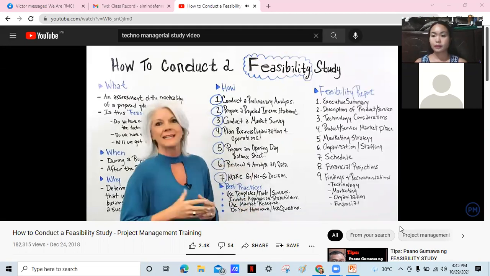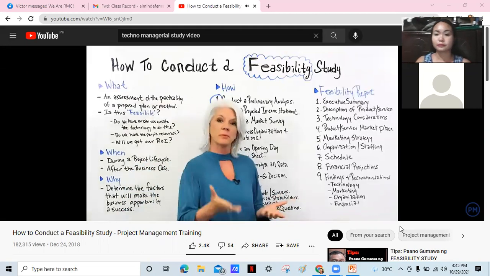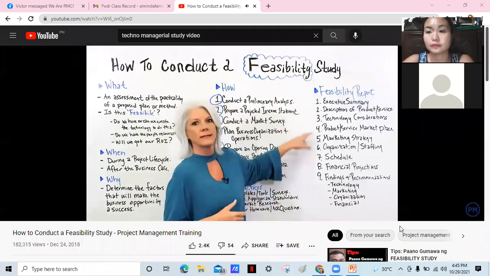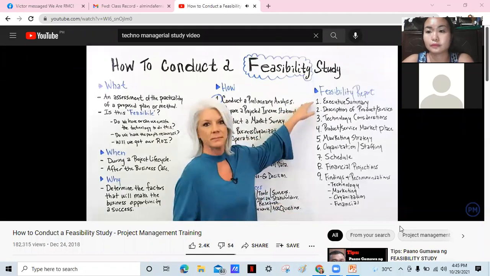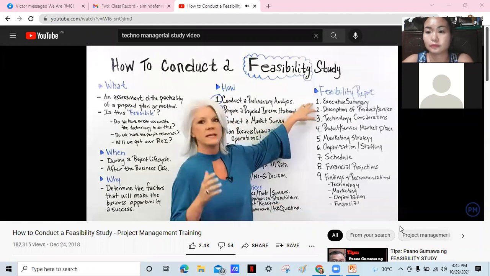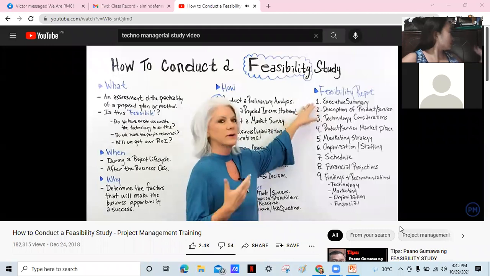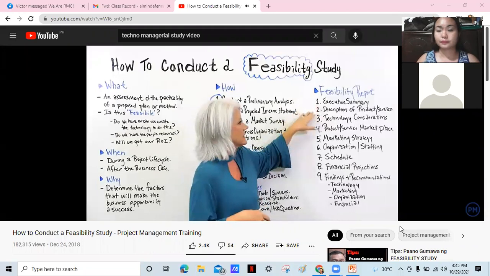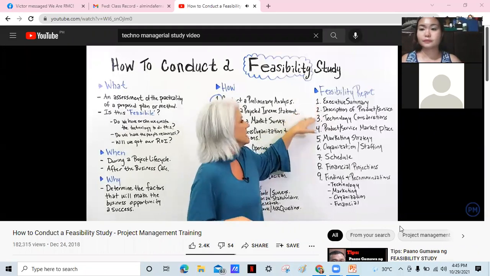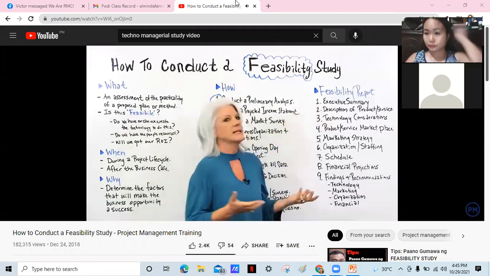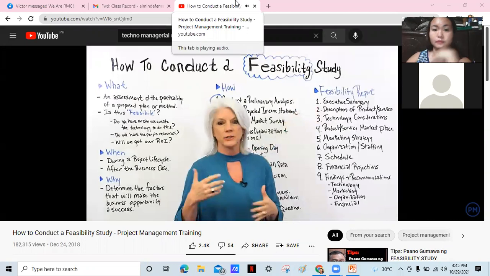Ultimately, what we're doing is producing and providing a feasibility report. Think of this as like a template. You're going to give an executive summary of the business opportunity that you're evaluating and the description of the product or the service. You want to look at different technology considerations. Is it technology that you're going to use?